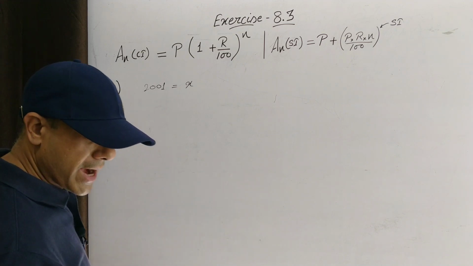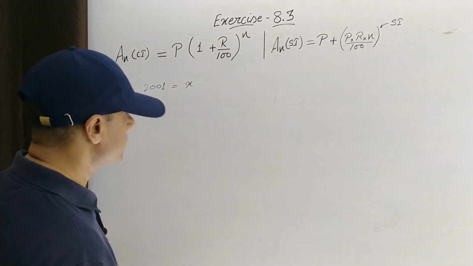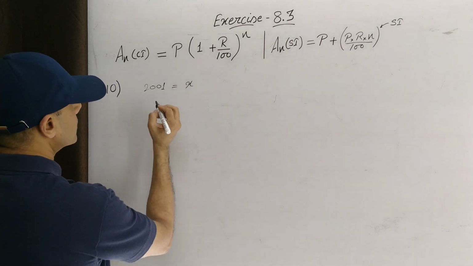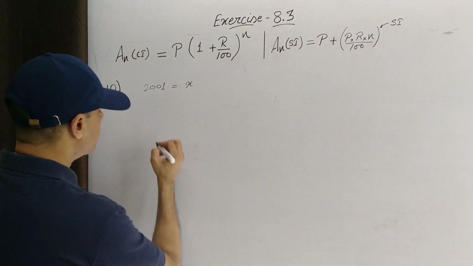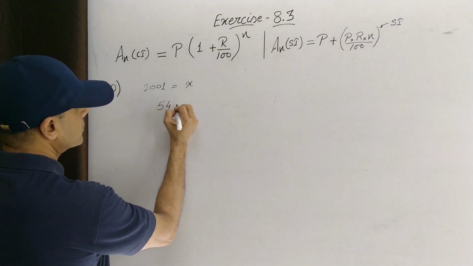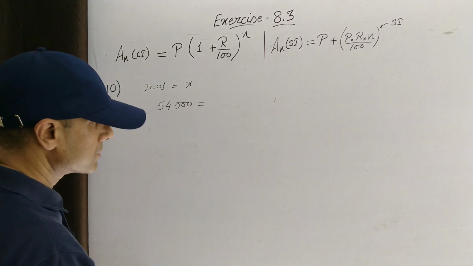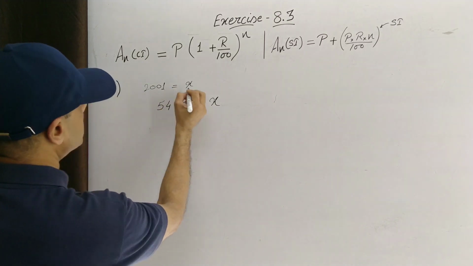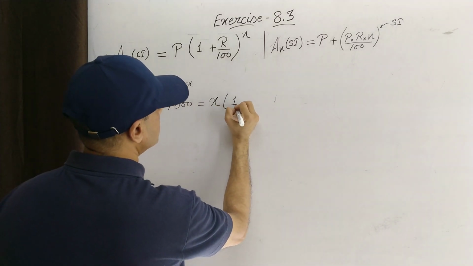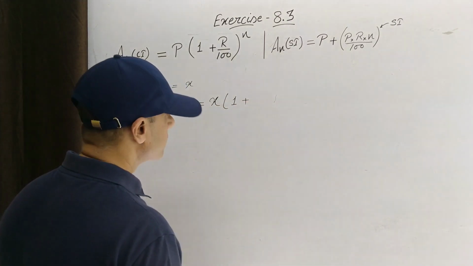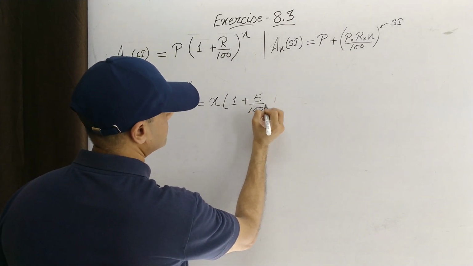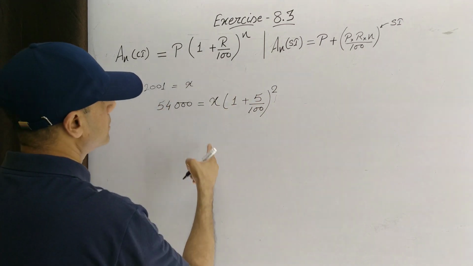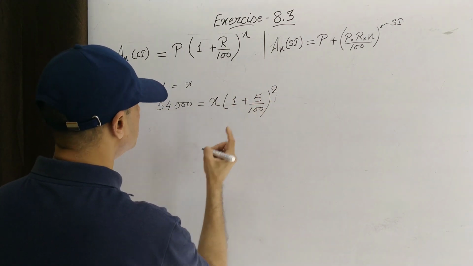So from 2001, 2002 and 2003, that is 2 years, the population is 54,000. So 54,000 is the population in 2003, and this is equal to the population in 2001, that is x, into 1 plus rate of increase is 5% and it is per annum, and for 2 years, for 2001 to 2003. So n is equal to 2.